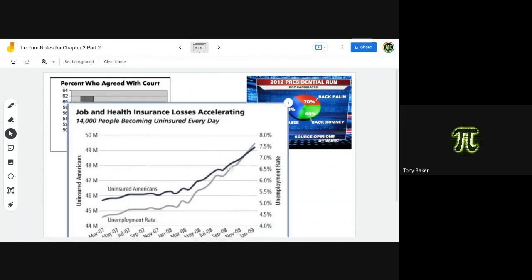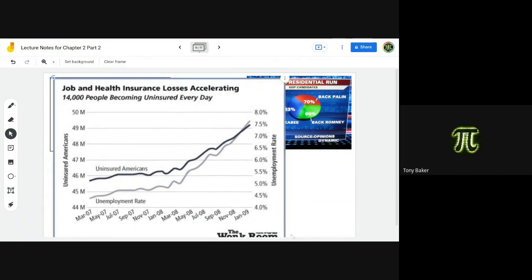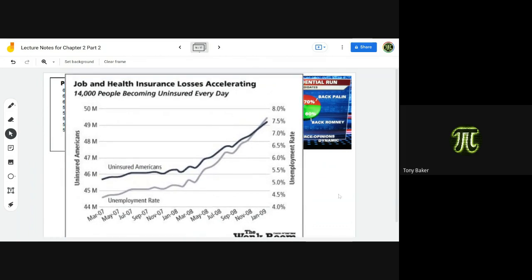Let's look at this graph. This is another interesting one. Job and health insurance losses are accelerating. So this is the unemployment rate, and that's the uninsured Americans. What do you notice about this graph?